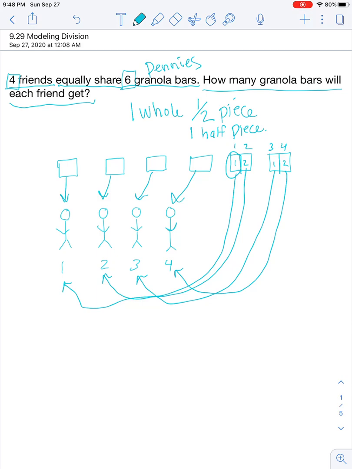So if you were writing this out, you would need to say that you had 2 pennies left over. Or you can say remainder 2.